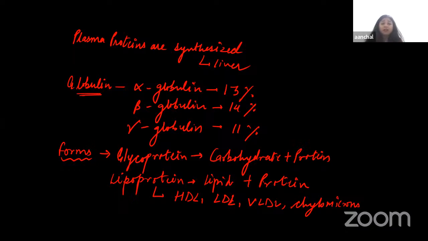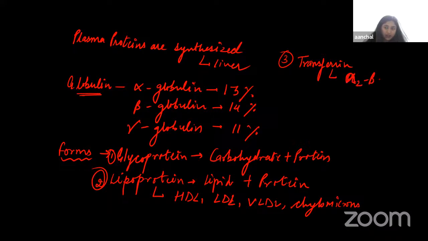Then another form, we have transferrin. Okay. So right now we are discussing the various forms of globulin, right? So we have transferrin. Now this transferrin is basically a type of alpha-2 beta globulin.